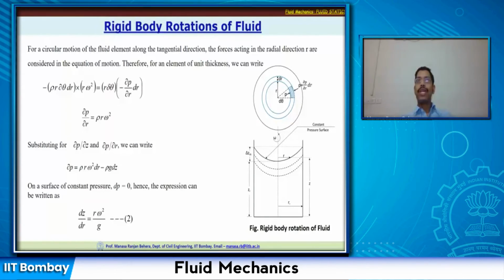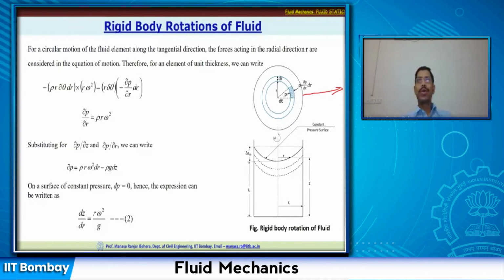Now if we take this and balance the forces, what is the net pressure acting? The net pressure acting on this surface is ∂P/∂R into dr, and that is acting towards the center. If we assume the outward normal is the positive direction, then this ∂P/∂R dr is going to carry a negative sign.